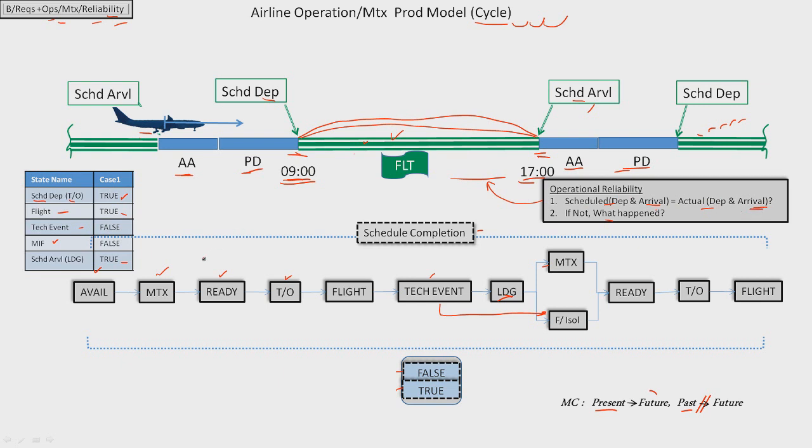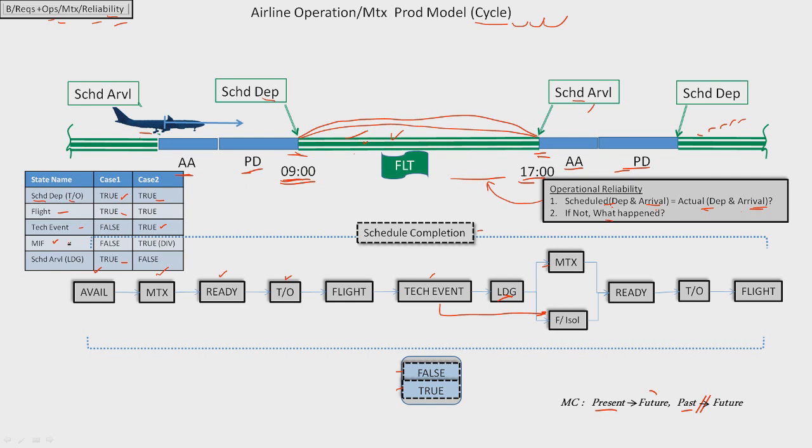Now, scenario number two. Scheduled departure, takeoff is true, 9 o'clock. So scheduled departure again equals actual departure. Flight is true, we are flying. Technical event is true. Let's say we have some engine problem.